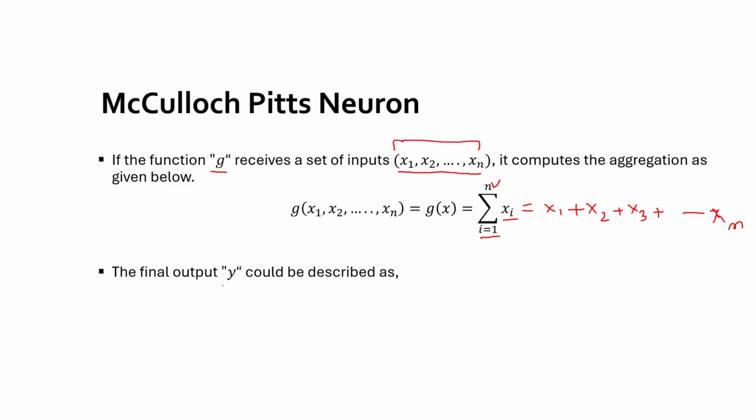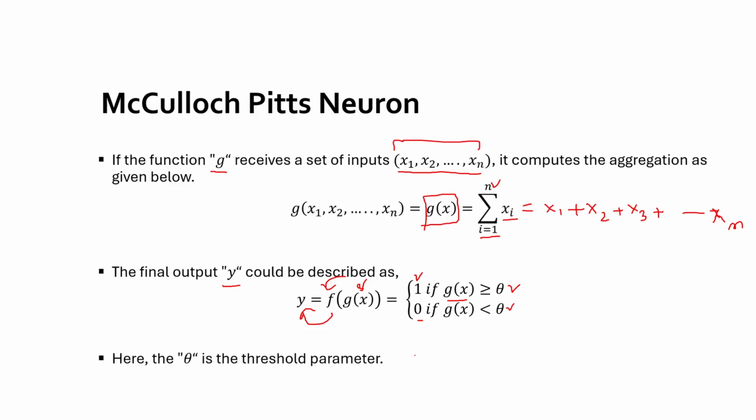The final output y is described as follows: after the aggregation is done by the first function g, the function f is applied and you receive the final output. You receive an output of 1 when g(x), the aggregation, is greater than or equal to some theta, and otherwise you receive 0 when it is less than theta. Here theta is a threshold parameter that we will see in more detail in today's lecture.